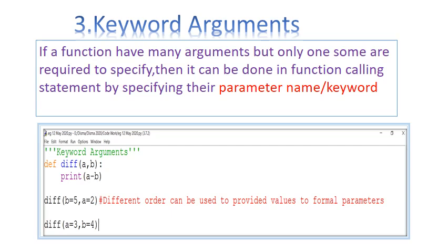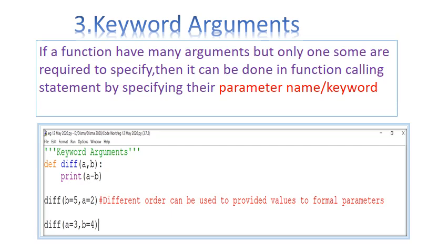Apart from that one, you can change the order according to your requirement, and if you want to specify very few only, then please use this method called keyword argument.